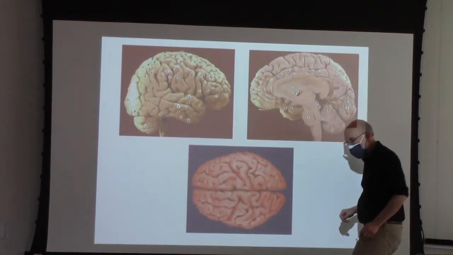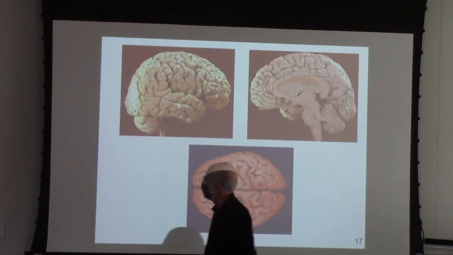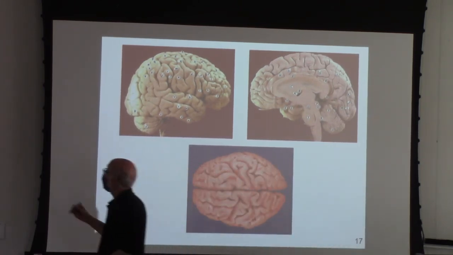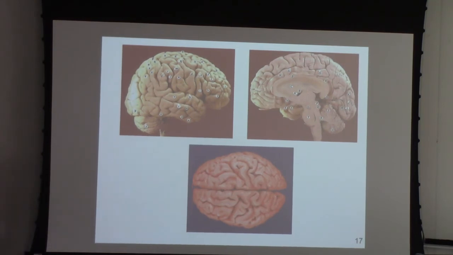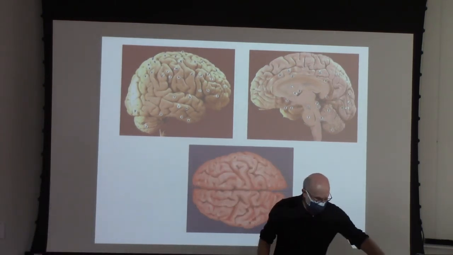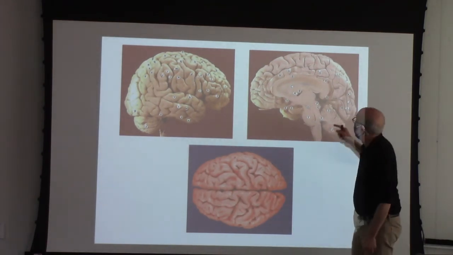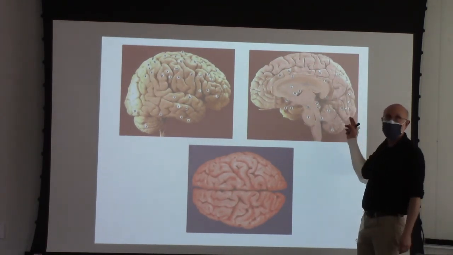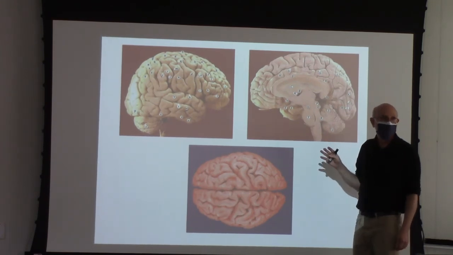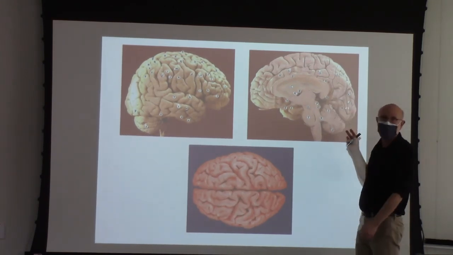It's called the calcarine sulcus. And why am I telling you that one? Because the gyri on either side of that sulcus are the visual cortex. It's going to be important for vision.